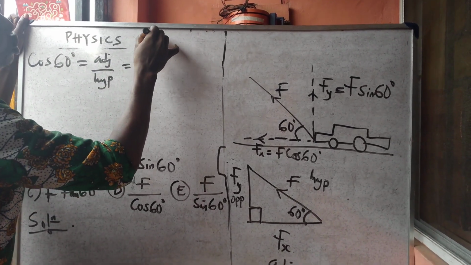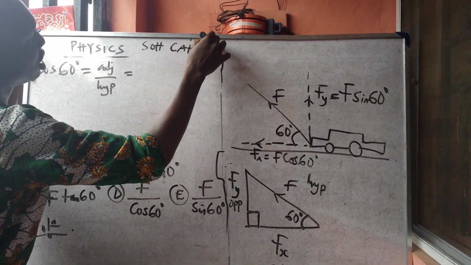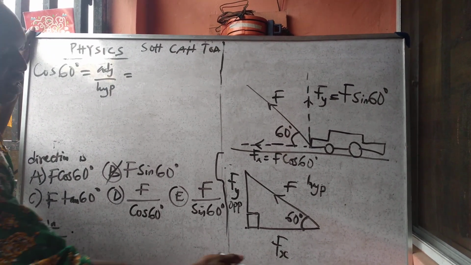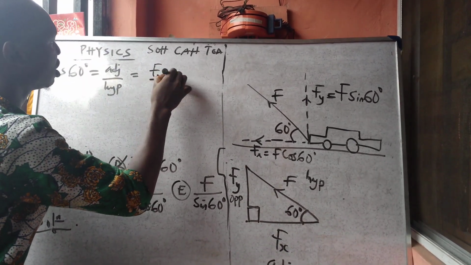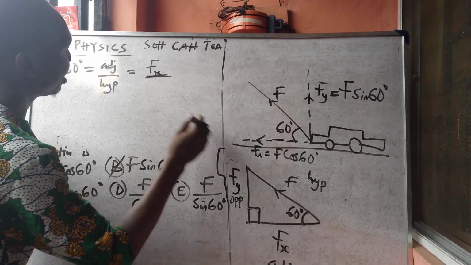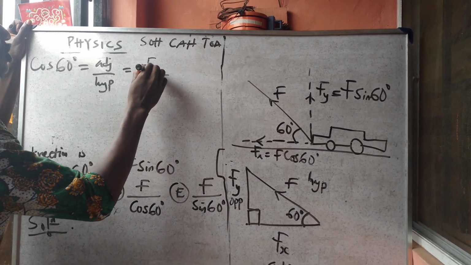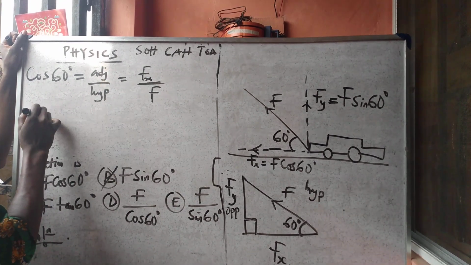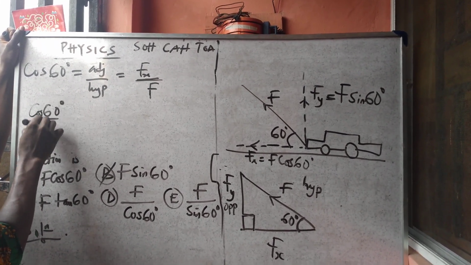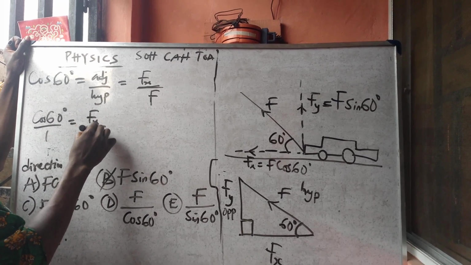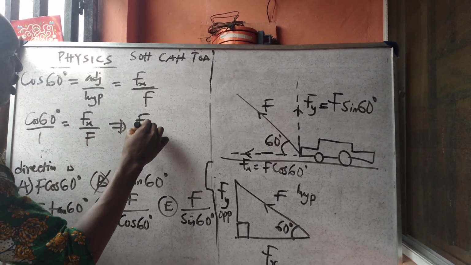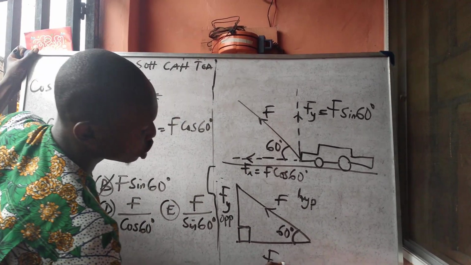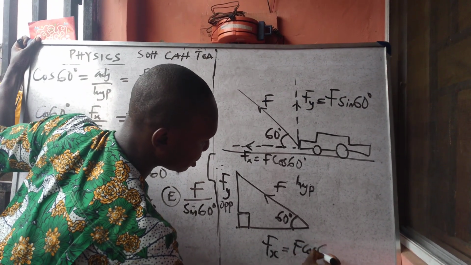The three ratios are so casual. The adjacent side is Fx, and the hypotenuse is the longest side, F. If you make this the subject of the formula, you just cross multiply. So cos 60 over 1 equals Fx over F. By cross multiplying, you have that Fx is equal to F cos 60 degrees. That is when you are looking for the horizontal component.